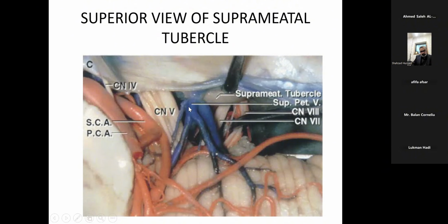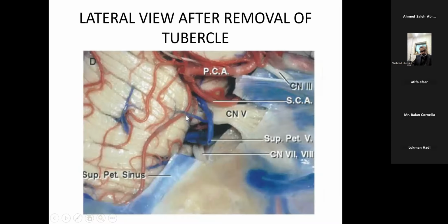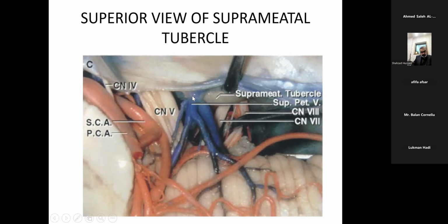This is the superior petrosal vein, which is present at the junction, and this is the cranial 7th-8th nerve complex, which can be seen from the top as we are visualizing, and this is the pontine surface we can see. So these are the vessels that are running in close proximity to the brainstem.